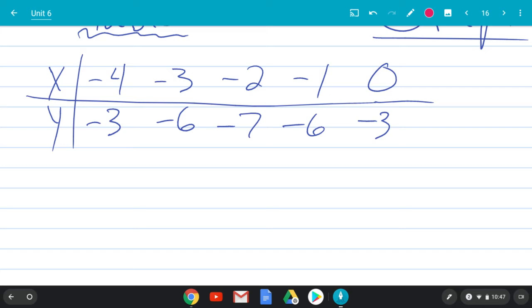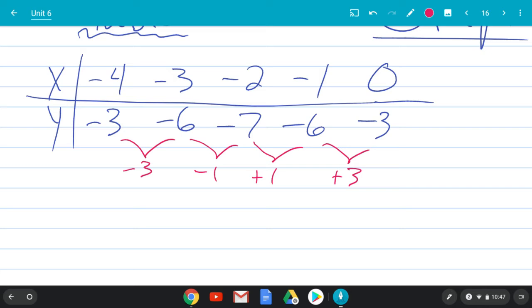Let's find that difference real quick. From -3 to 6, it goes down 3, right? From -6 to -1, it goes down 1. From -7 to 6, it goes up 1. From -6 to -3, it goes up 3. So that's not a constant rate of change. It has to be a constant.